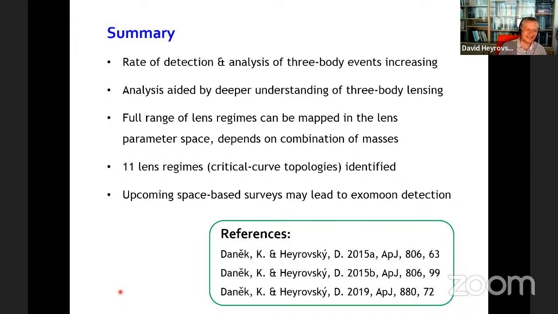And to maybe add one last sentence to this, I said we detected 11 regimes so far. What is the total number of lens regimes? We don't have a mathematically proved final answer yet because we would have to really sample all different mass combinations. But we have been looking at topological arguments of what different critical regime transitions there can be if you look just at the shapes of critical curves and keep changing the parameters.